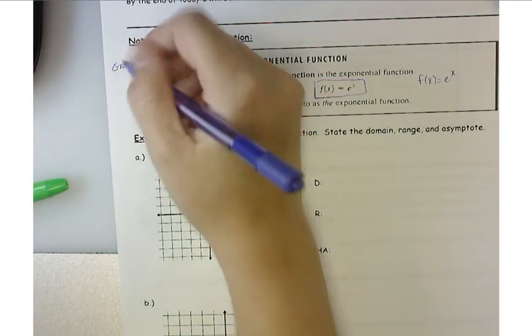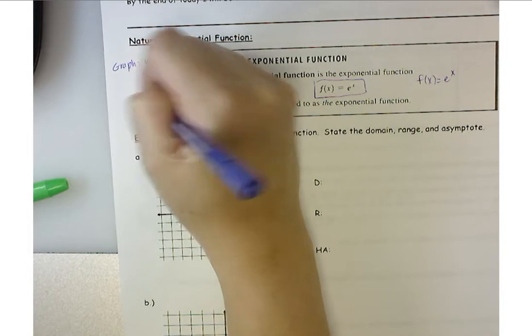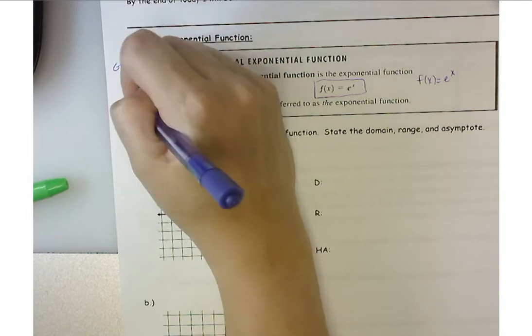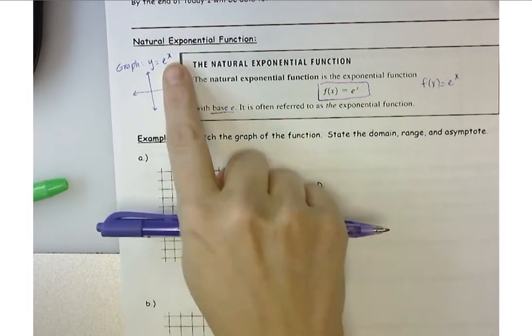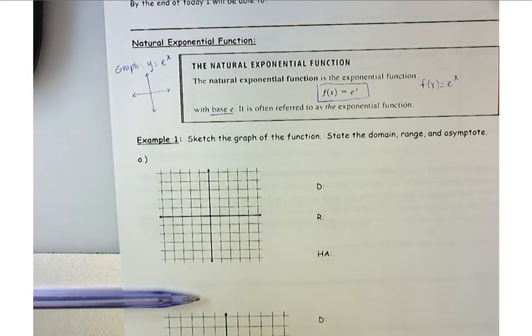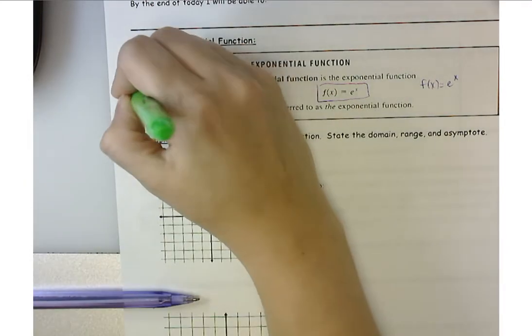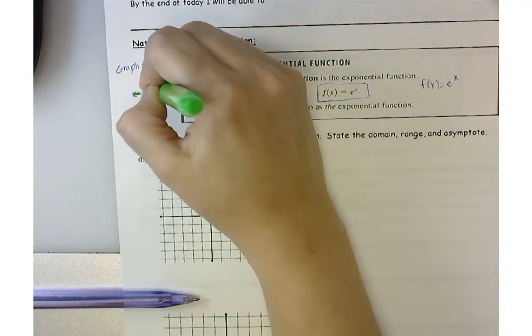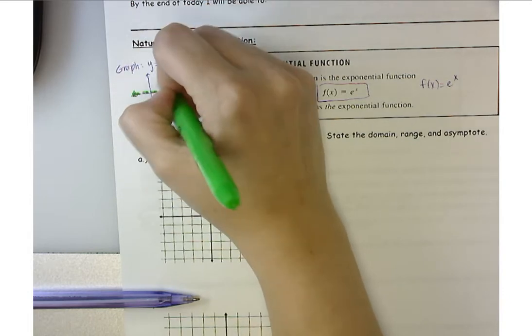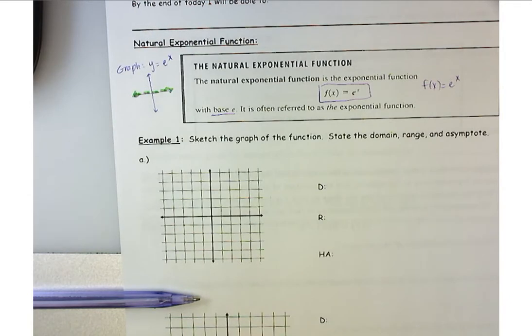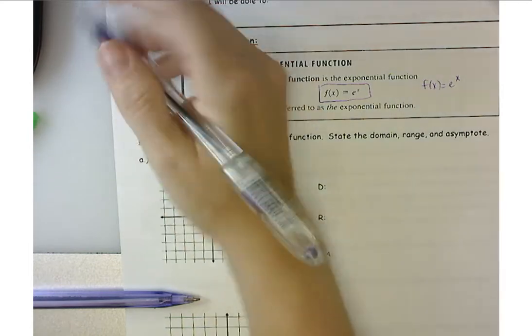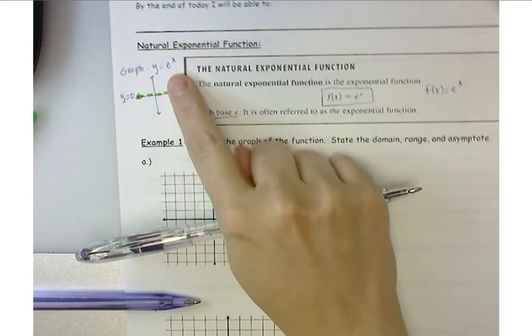Based on what we did yesterday, can you guys predict where the asymptote's going to be? Y equals 0, because there's nothing added to the end, so it is going to be at y equals 0. Okay, and then do you guys know what e is approximately?